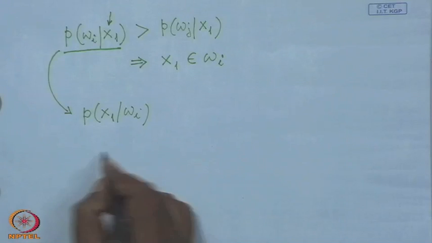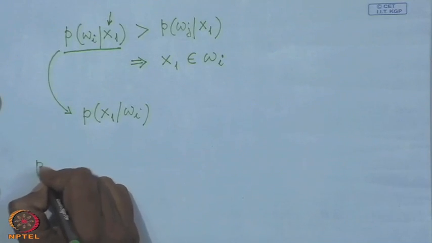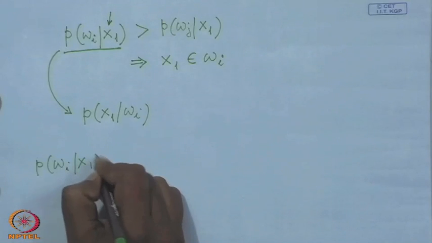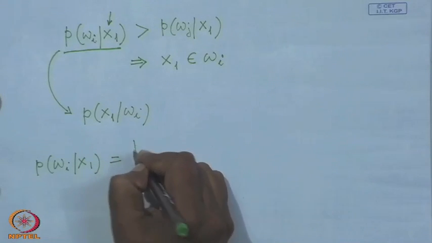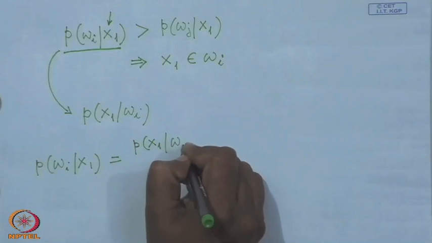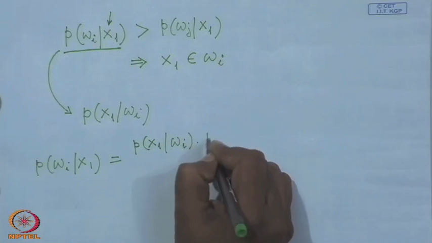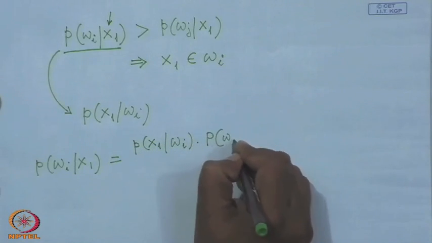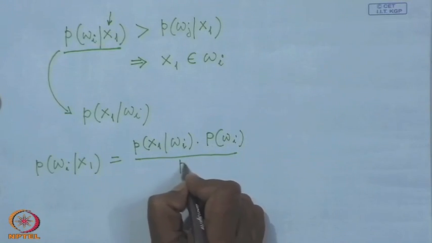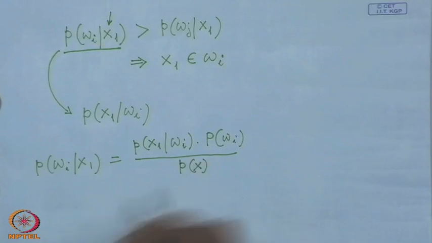because as we said earlier, P of omega i given x 1 is nothing but P of x 1 given omega i into the a priori probability P of omega i upon P of x.